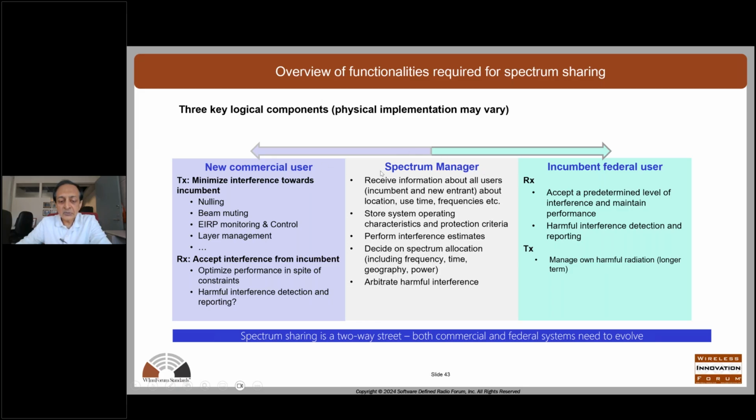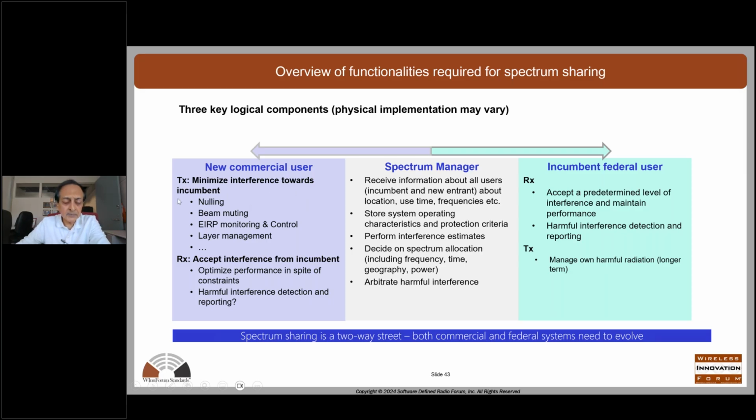There is some sort of a spectrum manager, and I'm just generically calling it spectrum manager, whether it is some evolution of SAS or something coming out of a REC or some management system. We leave that aside. That will come in actual implementation. Leave that as a functional entity. And then we also see the incumbent federal user also has a role to play.